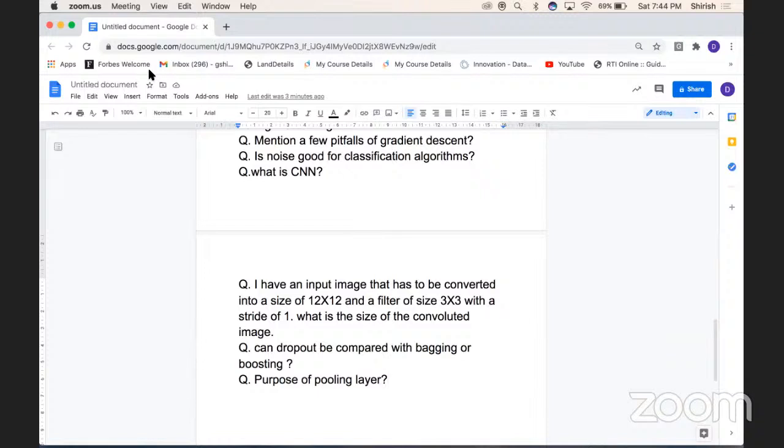Just now I have discussed this. ReLU, right? Now tell me the difference between ReLU and leaky ReLU. Rectifier linear unit. Leaky rectifier linear unit. Now what is the difference between both of them?